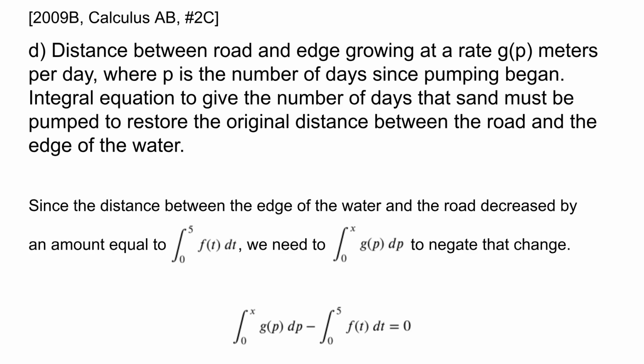So translating that need into a calculus equation, we would get the integral from 0 to x of g of p dp minus the integral from 0 to 5 of f of t dt needs to equal 0. We do not need to solve this equation. Ideally, what we're writing is an equation where if we solved it, we would get that desired value, but we do not need to solve it.